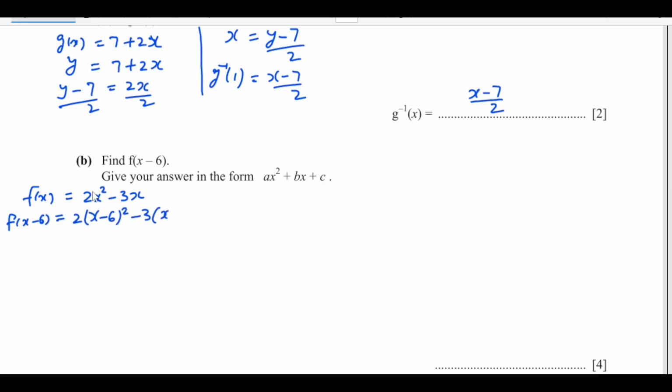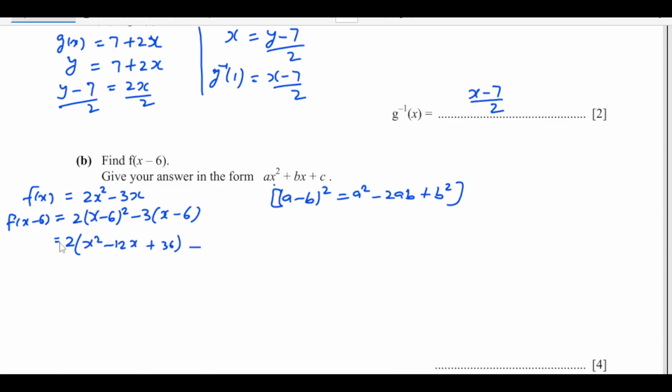Now just simplify, expanding the brackets. Once you expand, this is 2 into (a minus b) whole squared. You know that the formula for (a minus b) whole squared is a squared minus 2ab plus b squared. We are going to use this one. So this is x squared minus 12x plus 36.